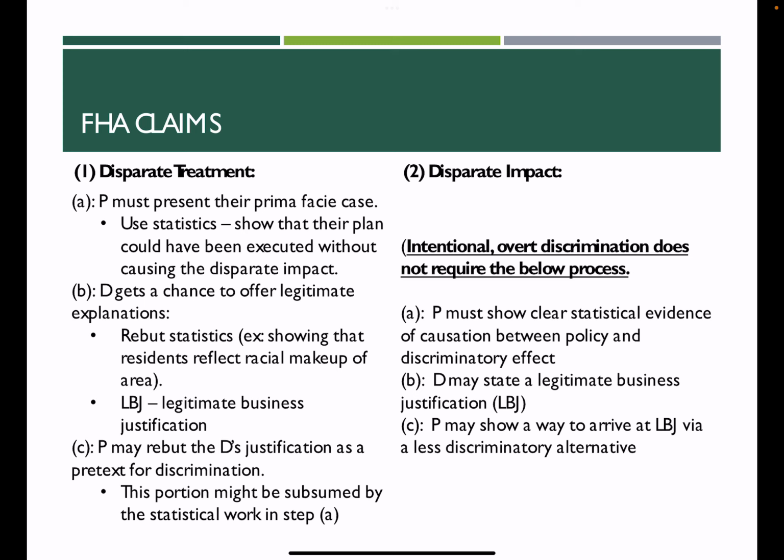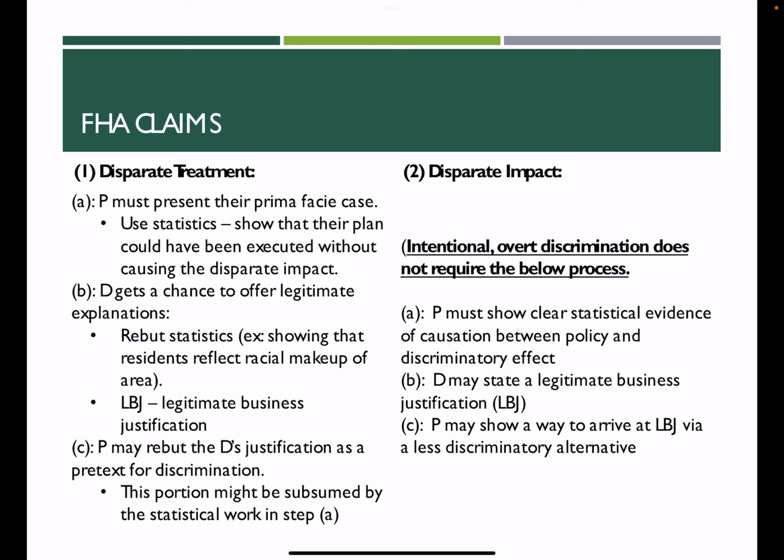And then lastly, there was the disparate impact. For this one, the analysis is a little bit different. Here the plaintiff needs to show clear statistical evidence of causation between the policy and the discriminatory effect.